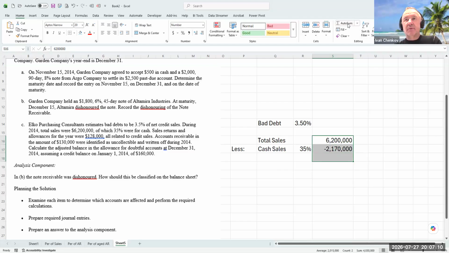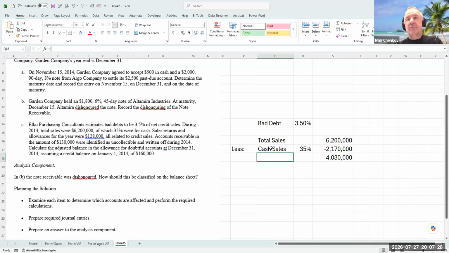So in that case, we're going to have that amount left. Then we have the allowance for the year, 120,000, which is all related to credit sales.